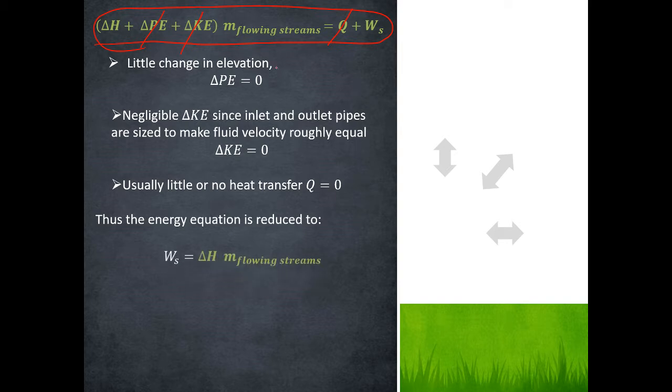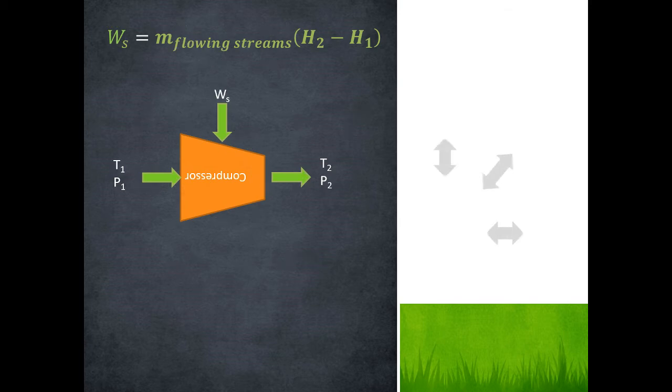Yung compressor natin ay ma-reduce sa work shaft equal to delta H of flowing stream. So, therefore, if we express yung delta H na H2 minus H1, yan. So, this is our working equation for the compressor.